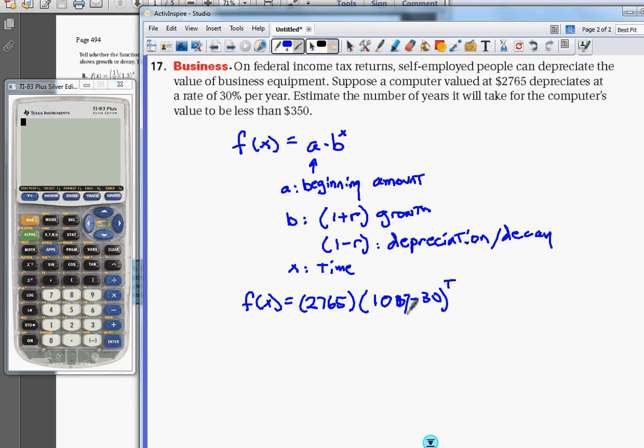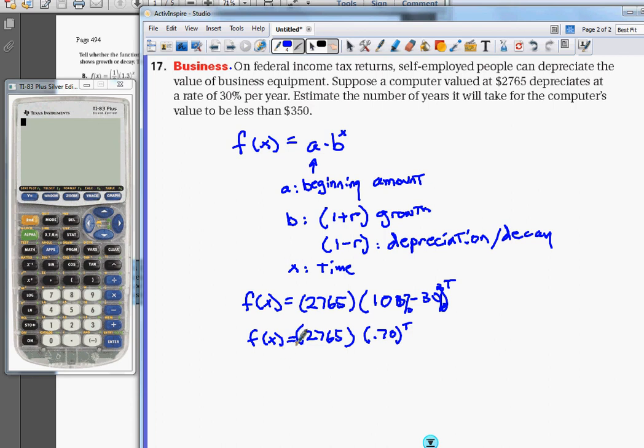These are both percents. So 100% minus 30% is 70%, or in decimal form, 0.70. So here we go, 2,765 times 0.7 raised to the t power.